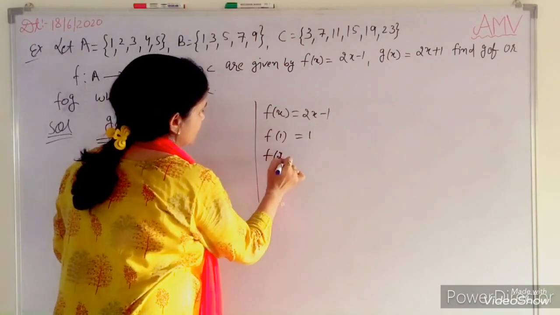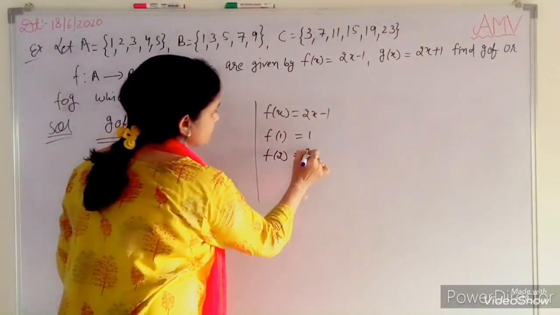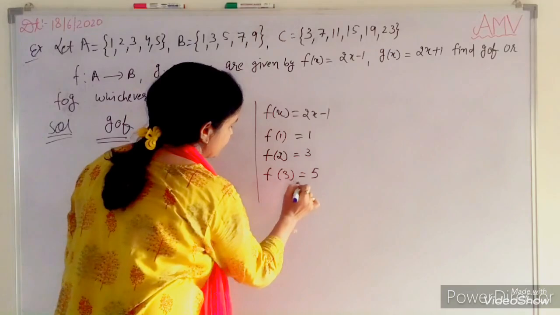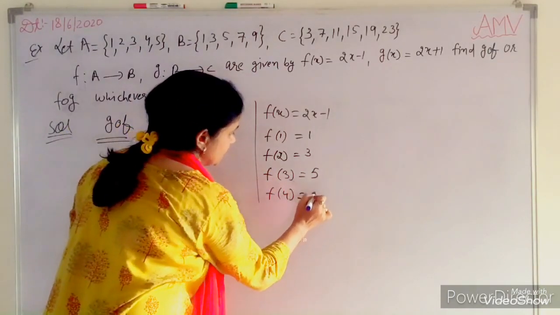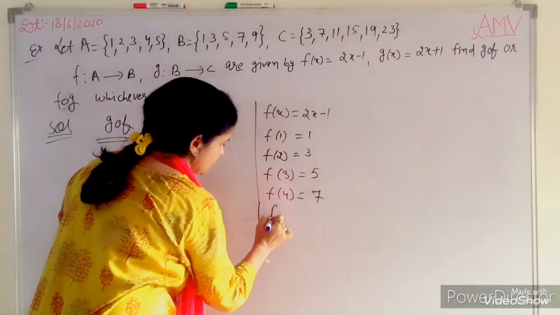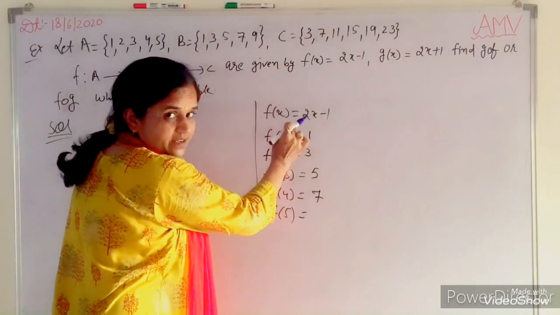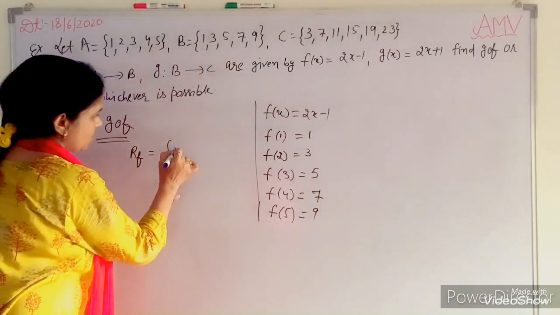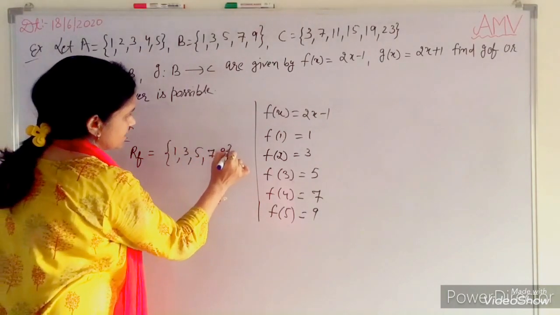The image of 2 is 3. The image of 3 is 5. The image of 4 is 7. And the image of 5 is 10 minus 1, it is 9. So the range is 1, 3, 5, 7, 9.